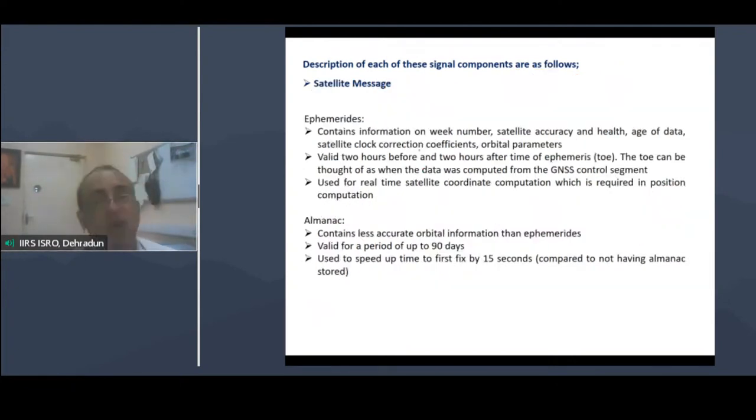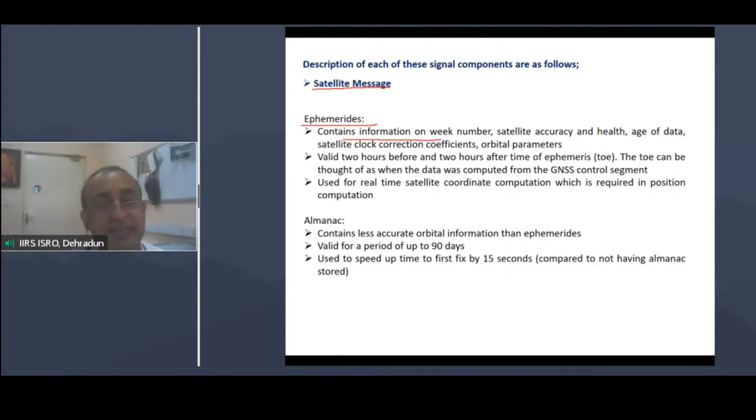A third piece of information we get from the GPS signal is called the satellite message. The technical term we use is ephemeris. This is broadcast on the website or portal of that particular GPS Navistar or particular GPS system. From that agency portal, we can download the ephemeris approximately every 15 days. For the USA-based system, every 15 days we can download the ephemeris, which is very precisely defined.